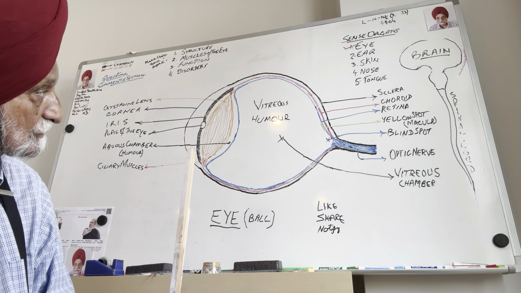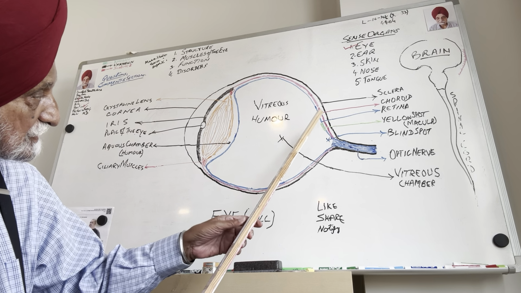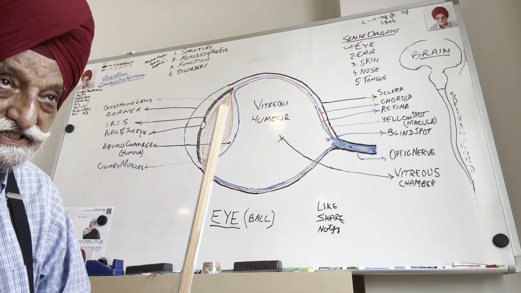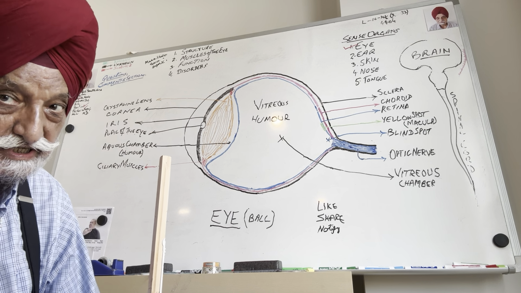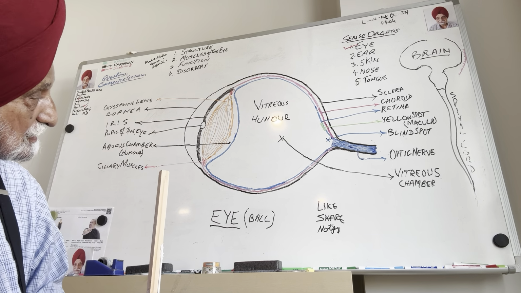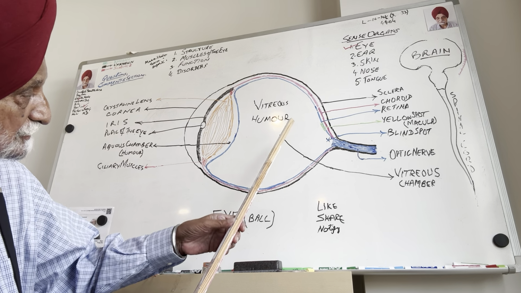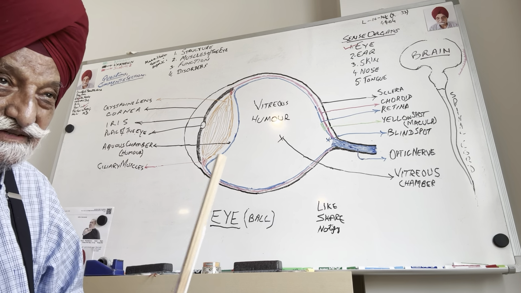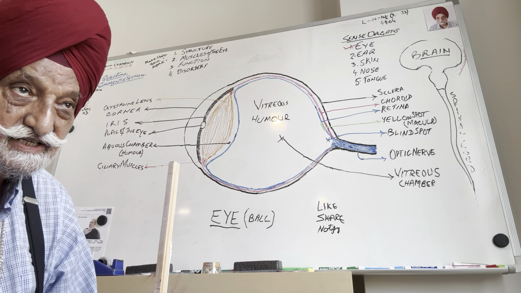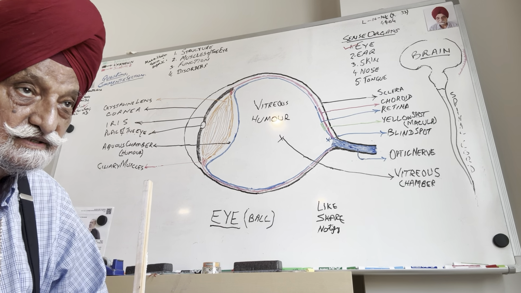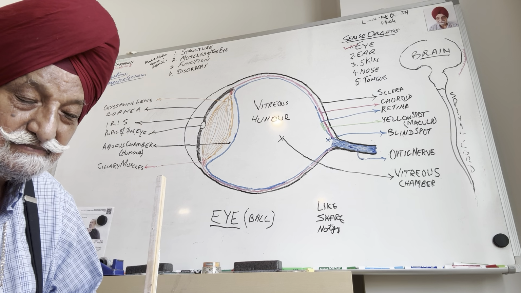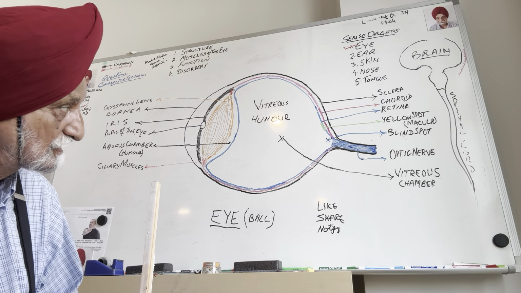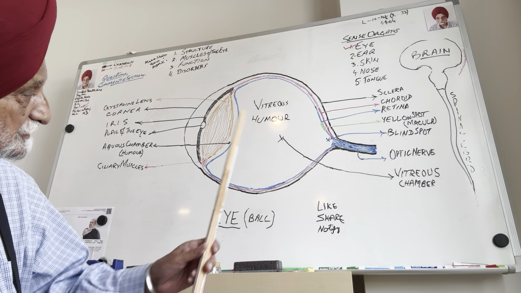Now, the sclera is a white layer. It is fleshy, and it is the outermost layer. The second layer is the choroid, which is very fragile, and it is generally brown in color, or sometimes blue in color.